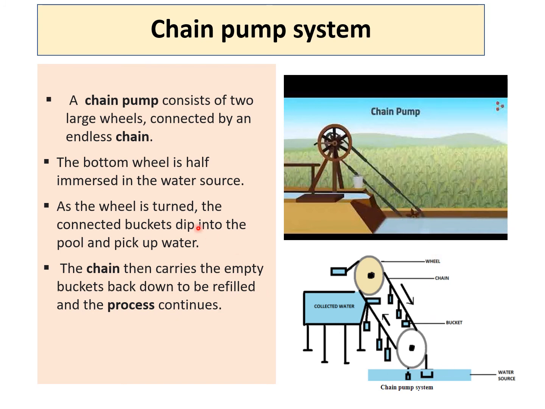As the wheel is turned, the connected buckets dip into the pool and pick up the water, and the chain then carries the empty buckets back to be refilled, and the process continues. This is also a very interesting method in which the fields were irrigated. The chain is connected to the wheels and buckets are connected to the chain. In this way the irrigation was done.